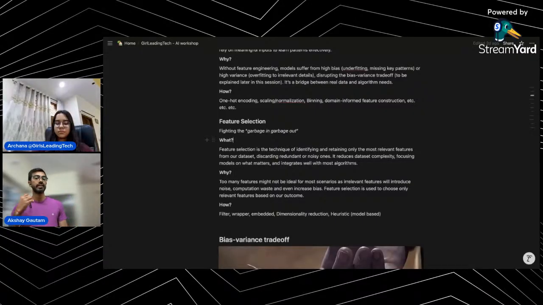We have dimensionality reduction. Dimensionality reduction is a very important concept. This helps us deal with the curse of dimensionality.